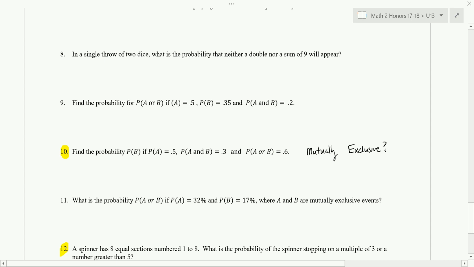So can somebody raise your hand and tell me what you think and why? Perfect. Did everybody hear that? If it's mutually exclusive, then the probability of A and B has to equal 0, but ours doesn't, so it's not mutually exclusive. Okay, so what's the formula we need to fall back on?